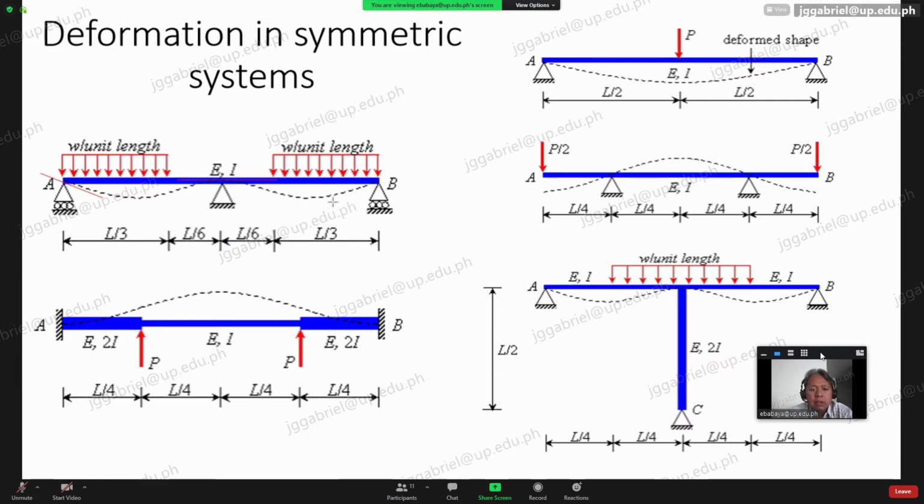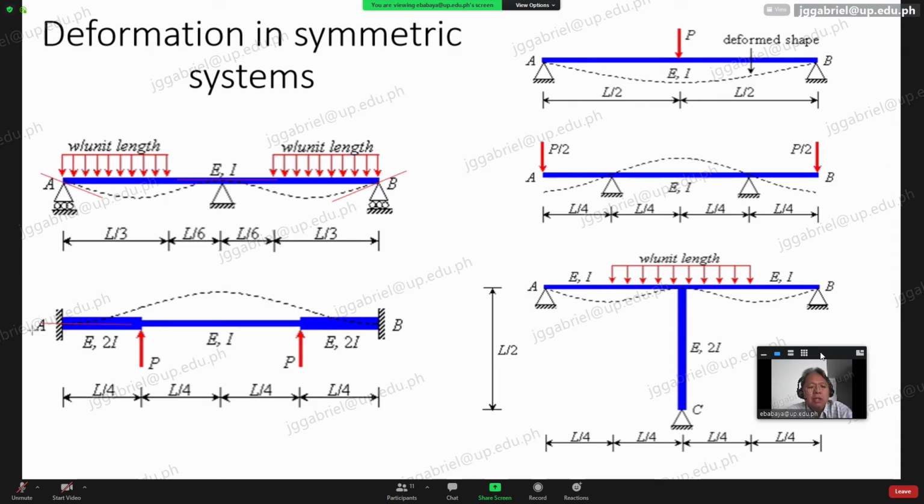Okay, but then this one here has also rotated. Okay, now if it is fixed support, horizontal yung tangent line to this curve at this point. Okay, I hope you see the difference. As we mentioned earlier, wala tayong restraint ng moment dito.